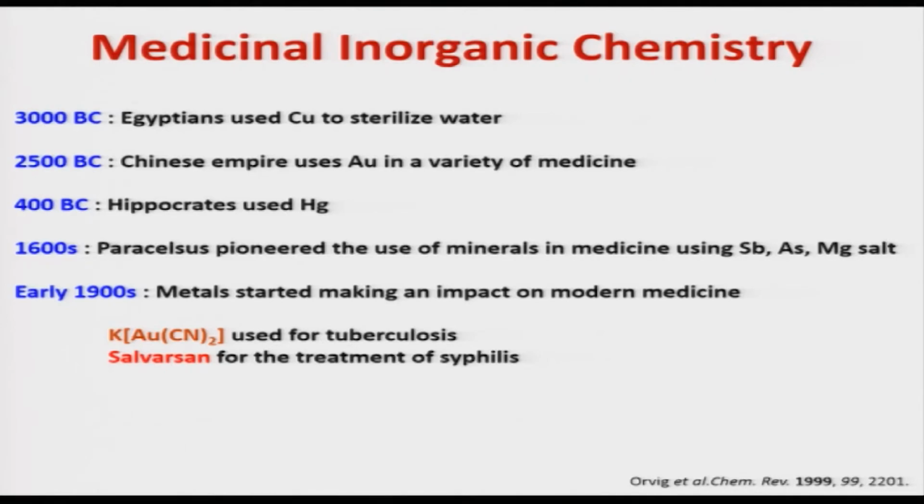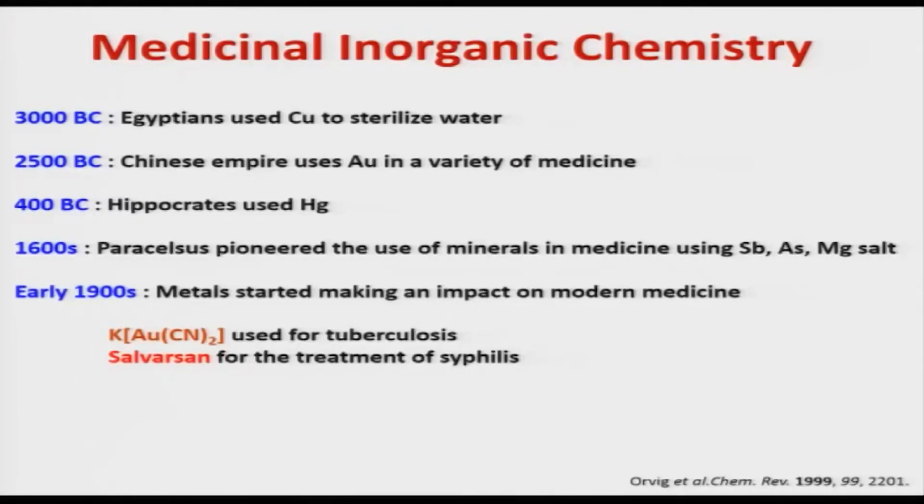Various iron remedies were used in Egypt about 1500 BC, around the same time that zinc was discovered to promote the healing of wounds.